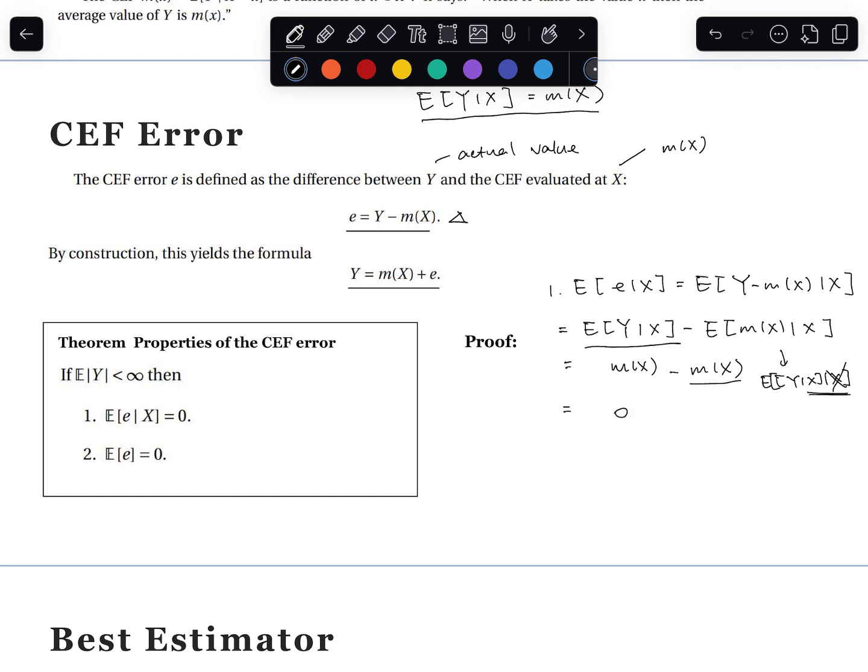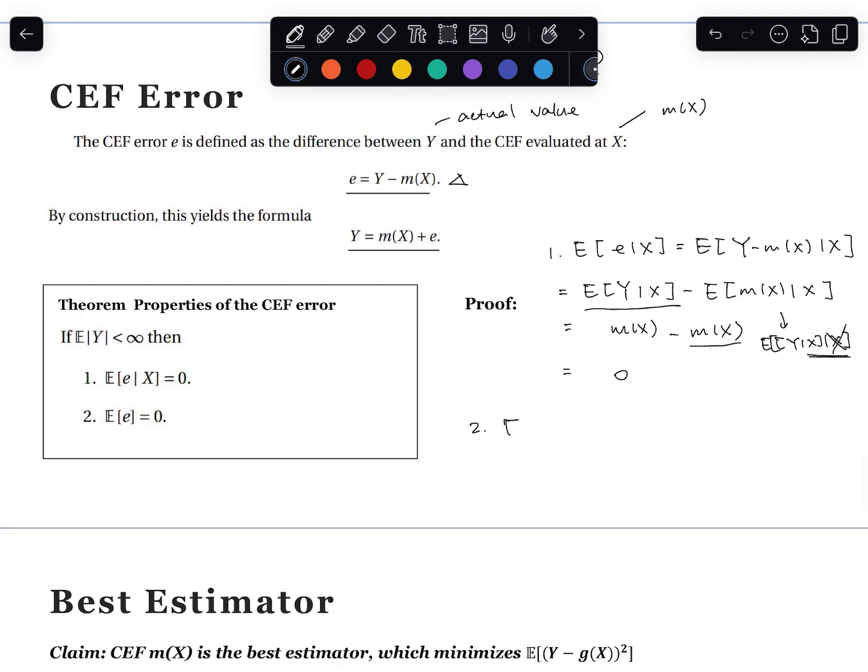So for the other one, we could write this one. Also, this notation is the same.